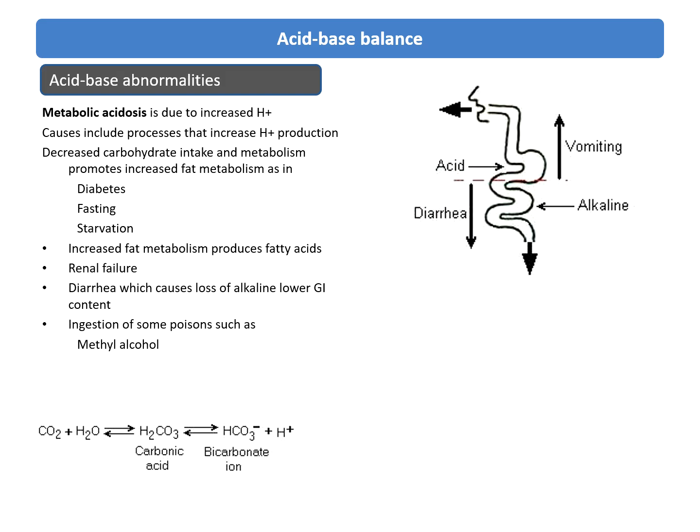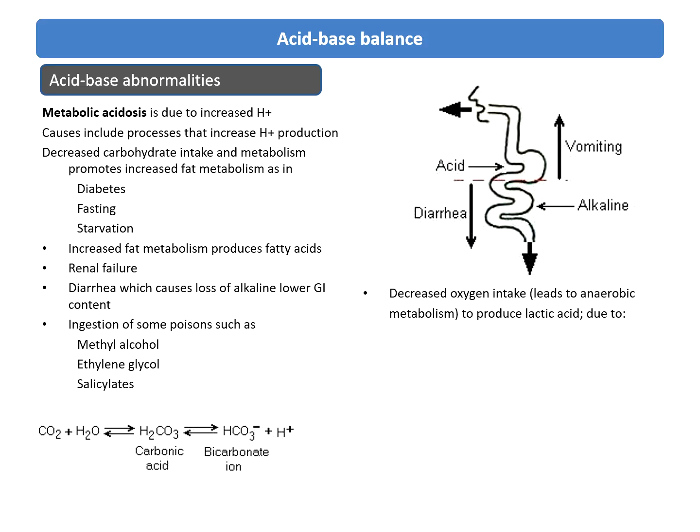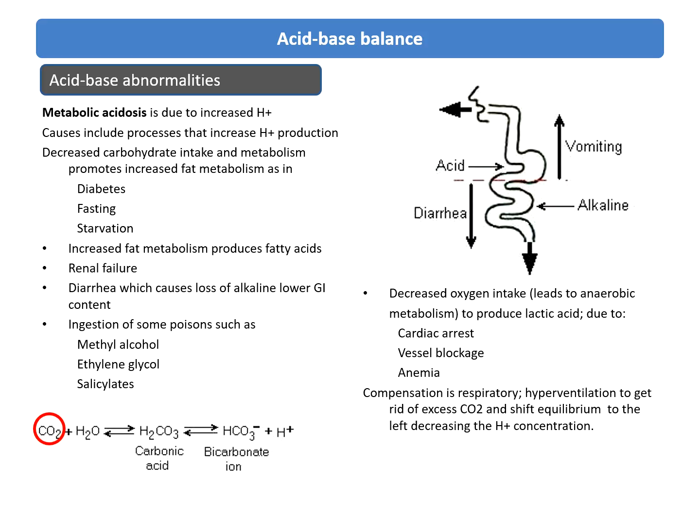Ingestion of some poisons, such as methyl alcohol, ethylene glycol, and salicylates. Decreased oxygen intake might be a cause. It leads to anaerobic metabolism, which produces lactic acid. This might be due to cardiac arrest, vessel blockage, anemia. Compensation is respiratory. Hyperventilation to get rid of the excess carbon dioxide, shifts the equilibrium to the left, and decreases the hydrogen ion concentration.